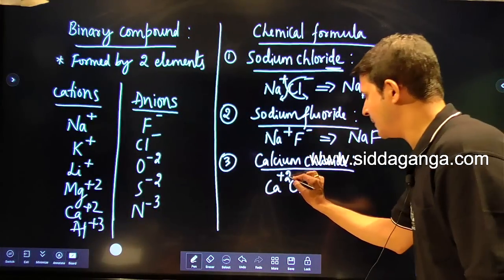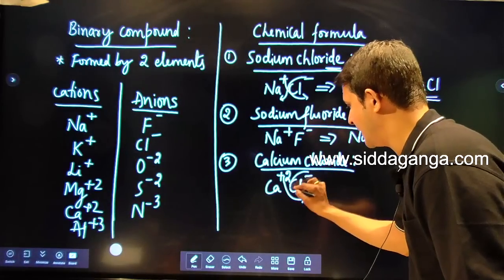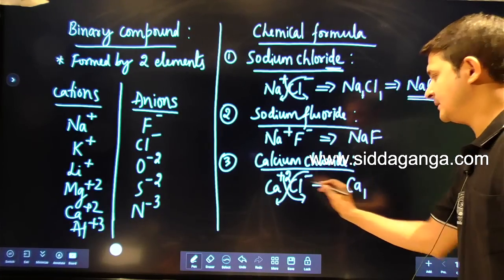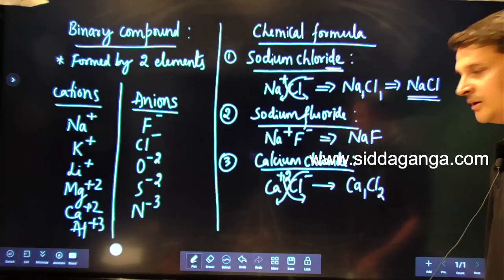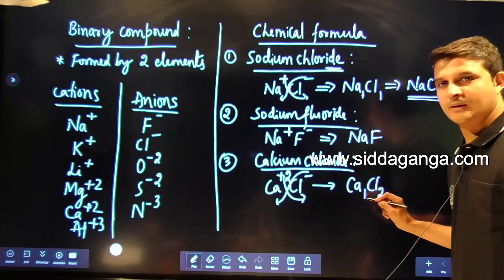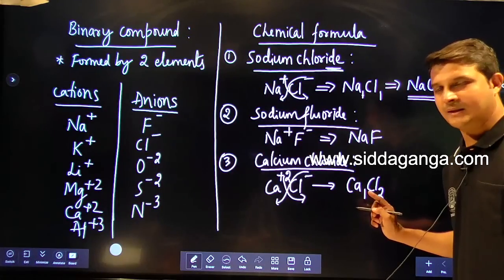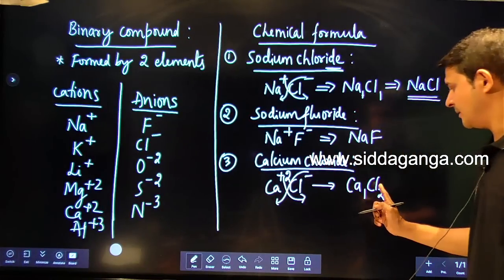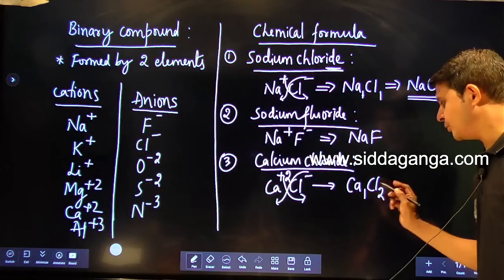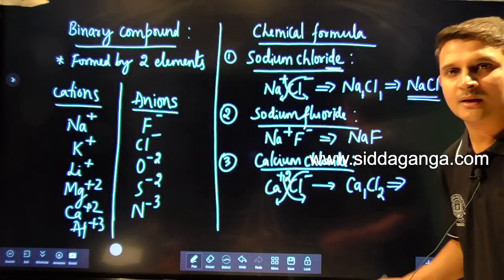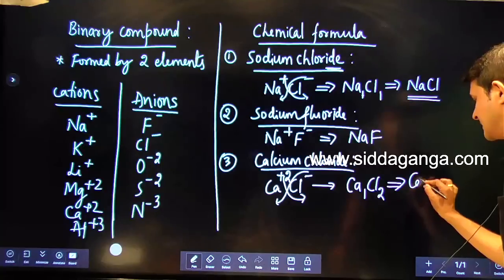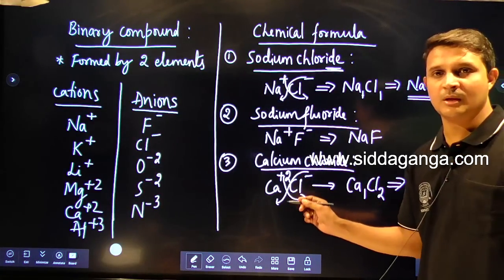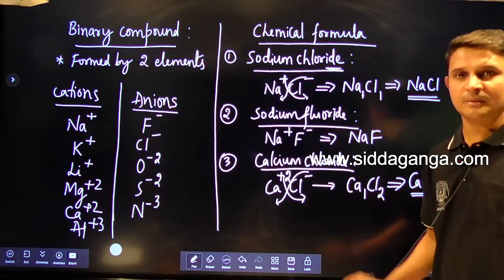So cross multiplying, Ca plus 2 here, minus 1 here, we have Ca1, Cl2. You need not represent the number 1. The 1 indicates the calcium atom is only 1 in number and Cl atoms are 2 in number. So we need not represent 1. We can just write CaCl2, the chemical formula of calcium chloride.